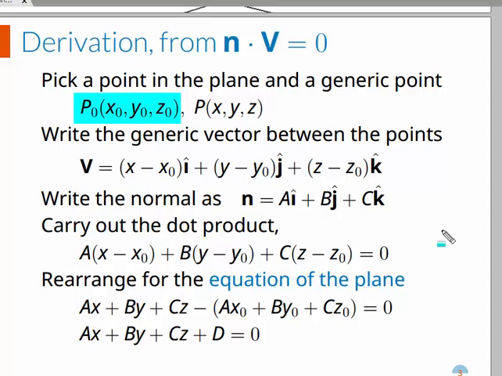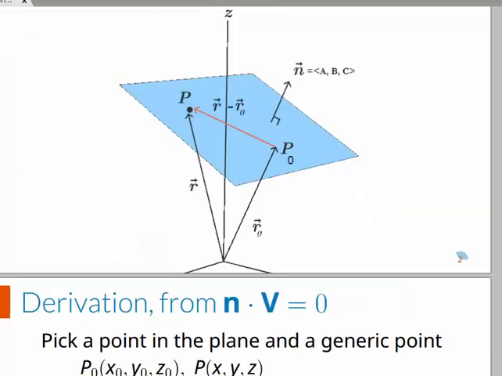Let's go back and look at the other picture for a minute. So we're starting off with P0 in the plane, and we write the equation for a position vector. A position vector, you recall, starts at the origin and moves up to this particular point.